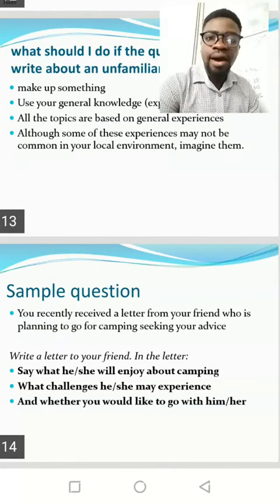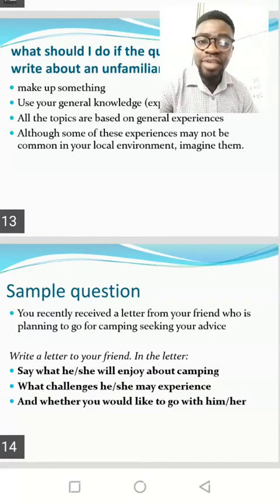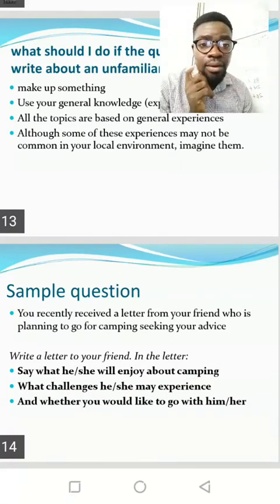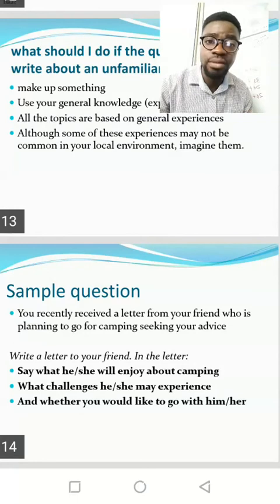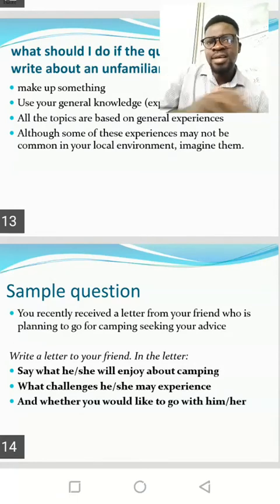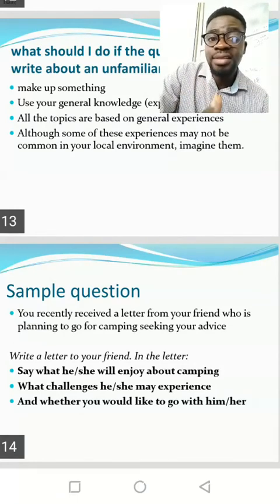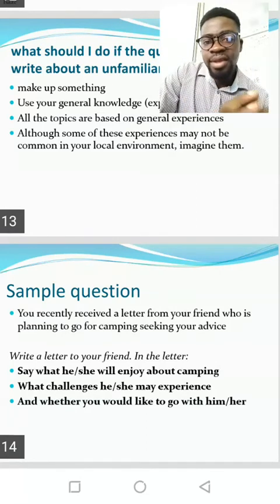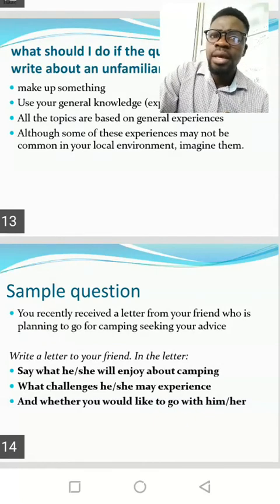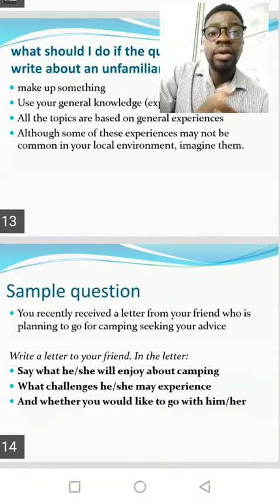And here you are advising a friend on what they're going to enjoy, or what the experience will be like, and maybe one or two things that they're going to find a bit difficult. So you're supposed to serve as someone who has experienced the life in camp, or who has gone on camping before. But here you are. You've not done that yourself, and probably you've not even heard about camping. So what are you supposed to do?